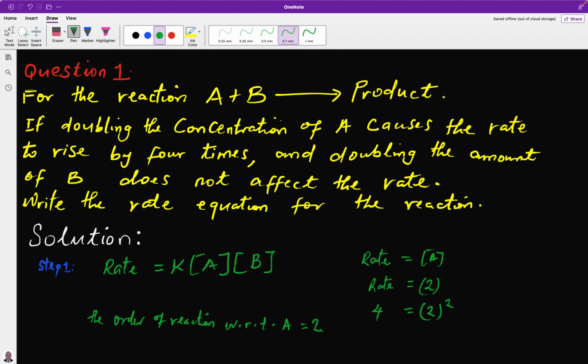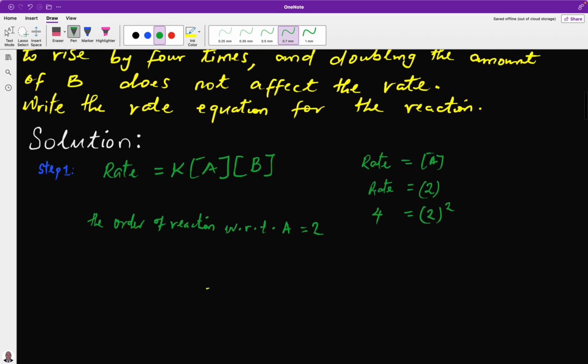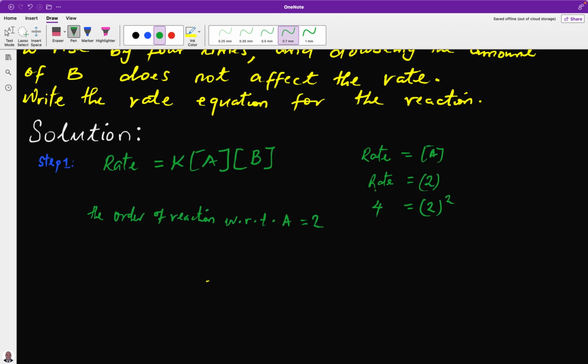That is the first section. And again, we go again. Doubling the amount of B does not affect the rate.